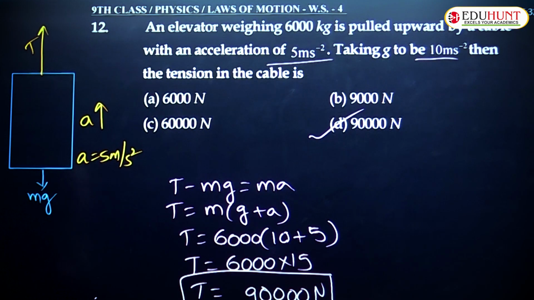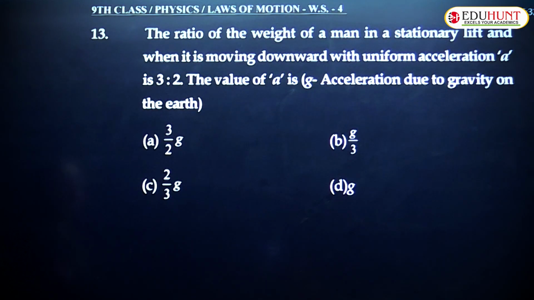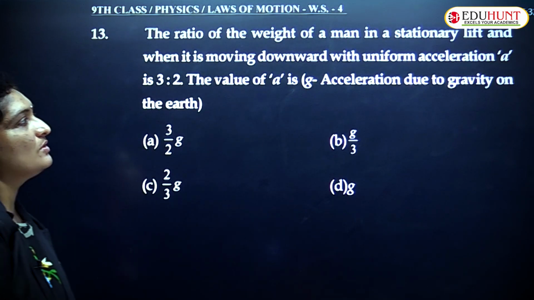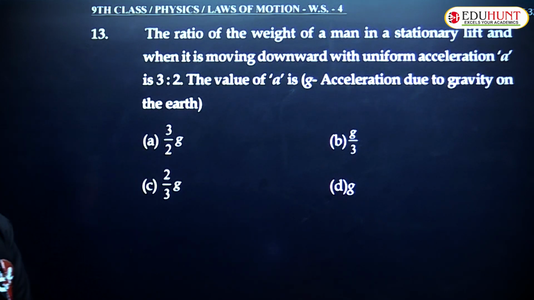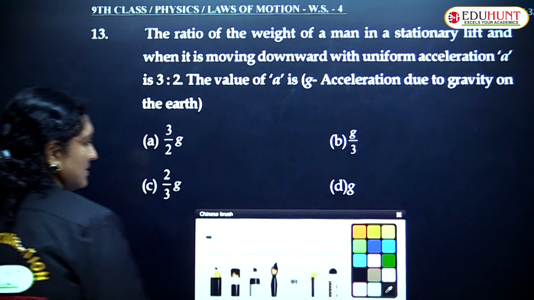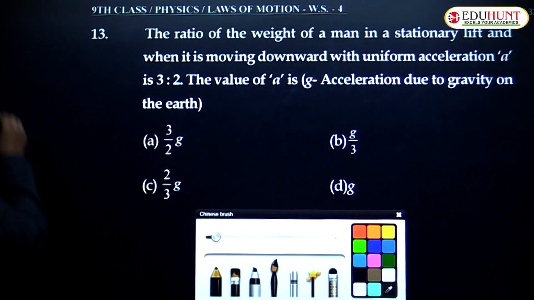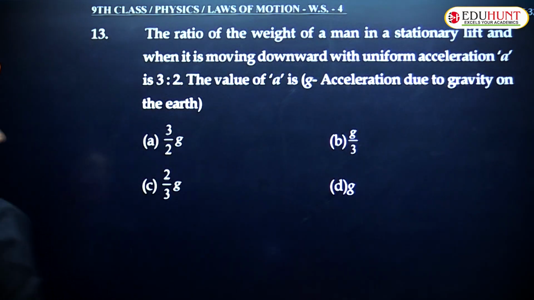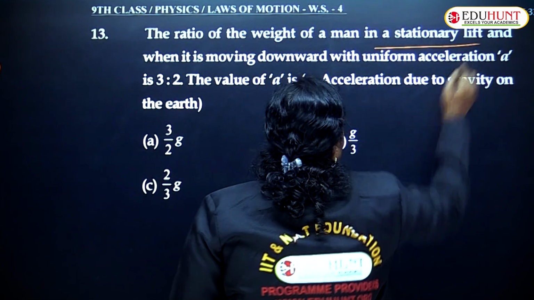Moving to the next question, 13. The ratio of the weight of a man in a stationary lift and when it is moving downwards with uniform acceleration a is 3:2. Let us try to solve this. So case 1, what was given? The man in a stationary lift.